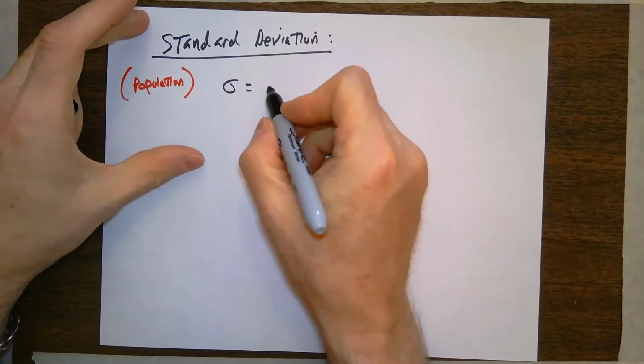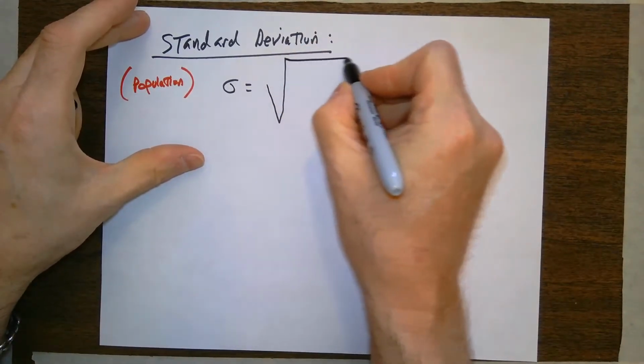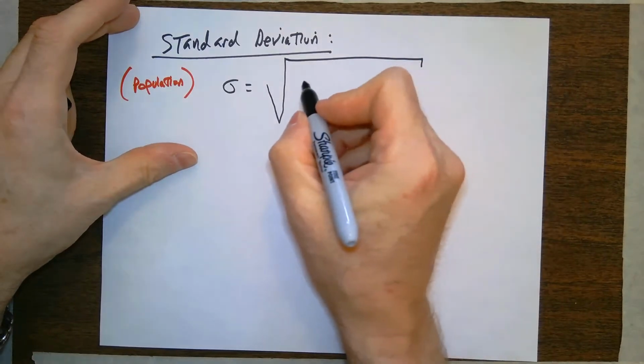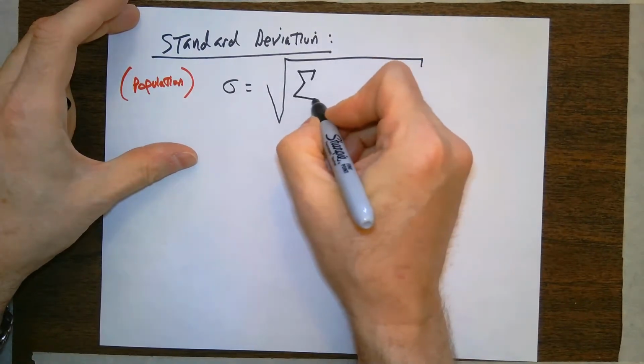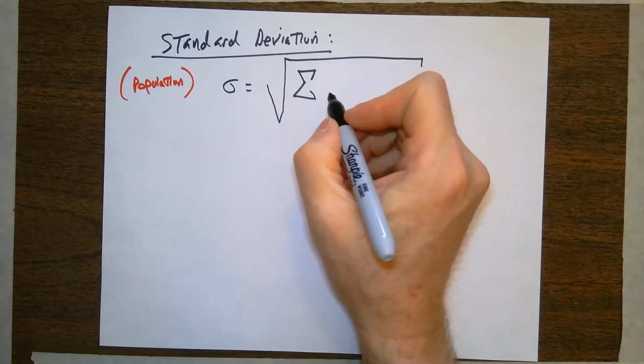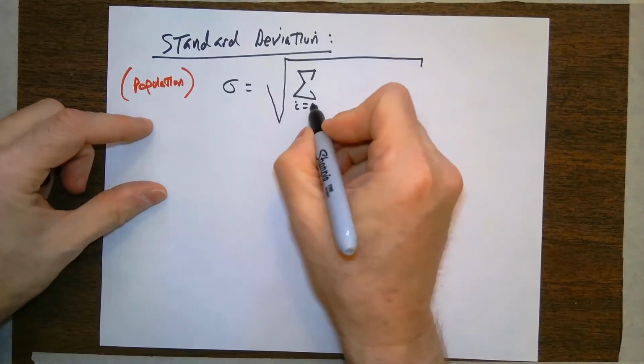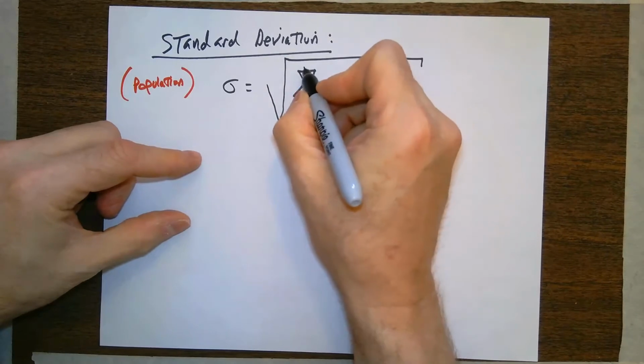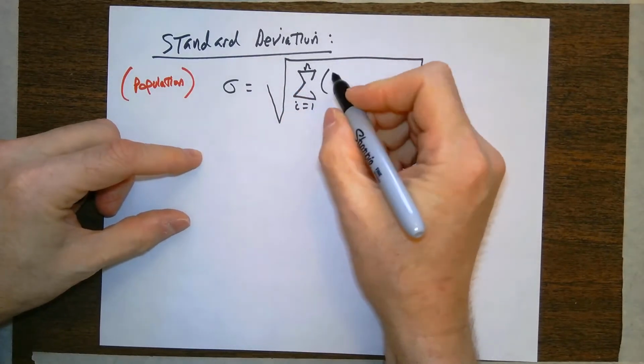And it is the square root of, here it comes, the craziness, the sum, we know the sigma there is sum, from i equals 1 to n of, so we're adding something up.